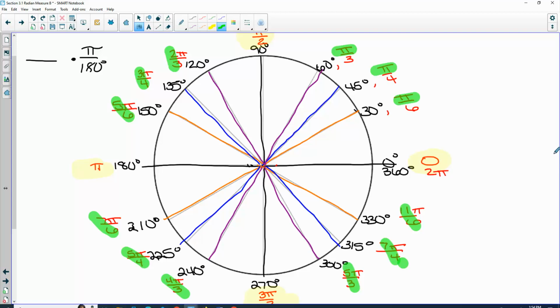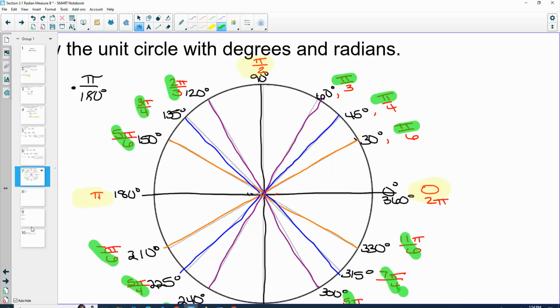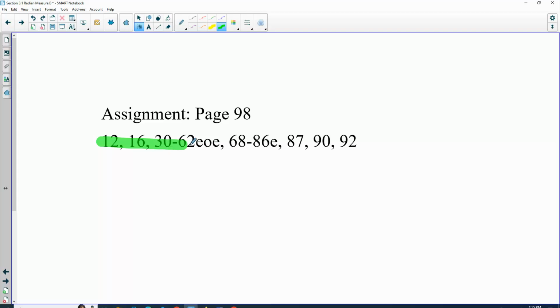Okay. I think I'm going to stop for today. So I'll go ahead and give you guys, but I'm not giving you all of this yet. Want you to do these. What does EOE mean?